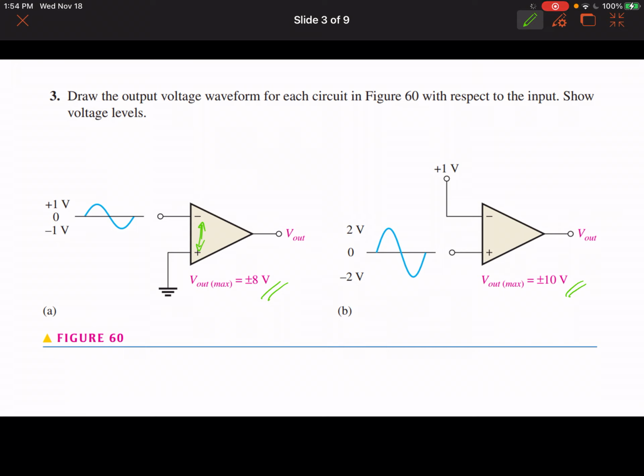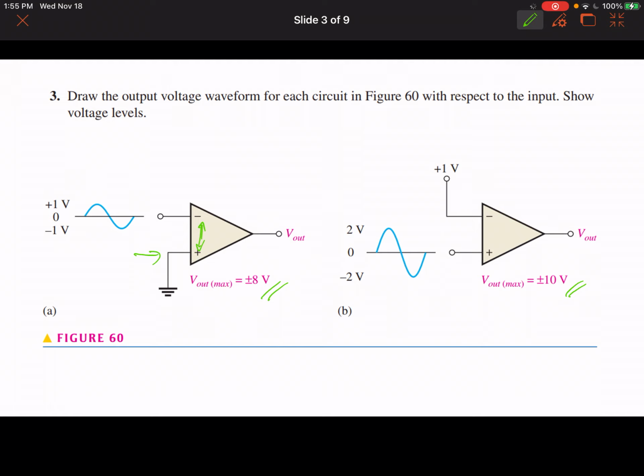Here our trigger, or our reference, is ground, so our trigger is at 0 volts. So every time the signal crosses the 0 volt line, it will produce an output. In this case, the output is plus or minus 8 volts.